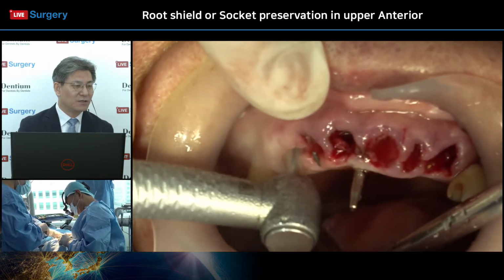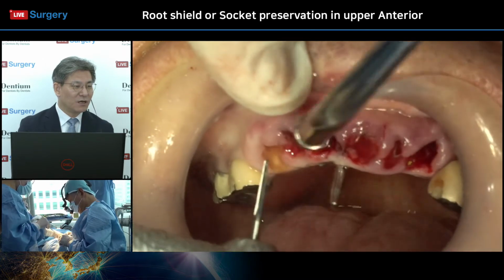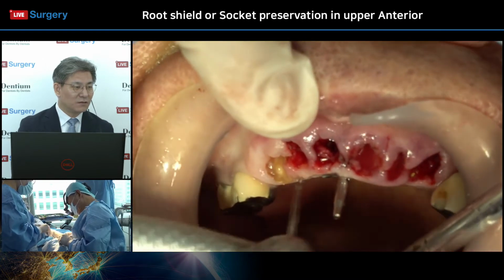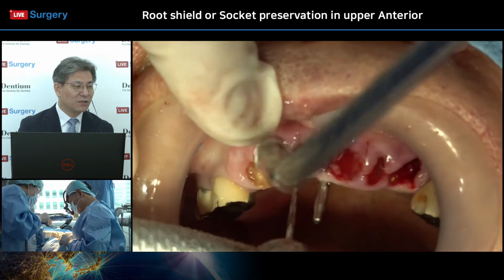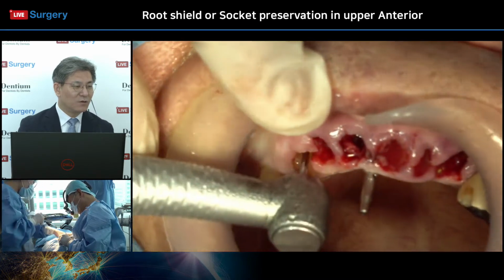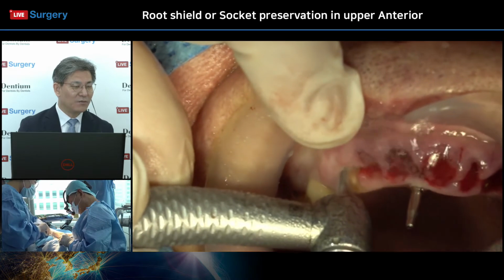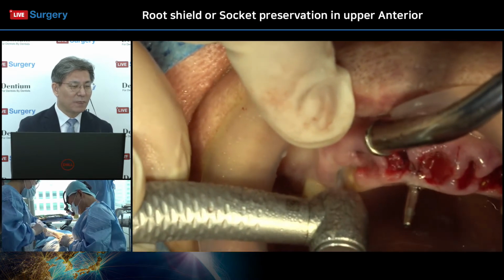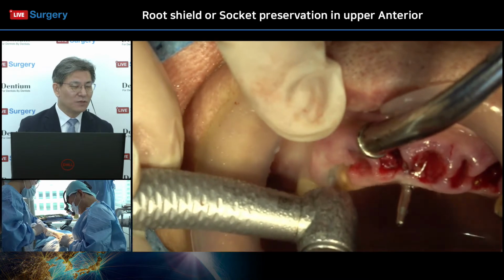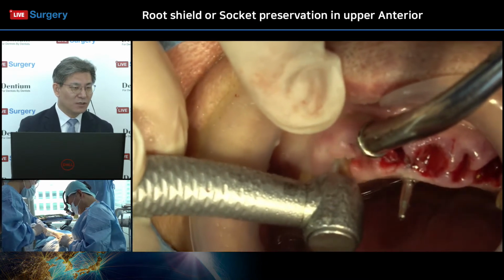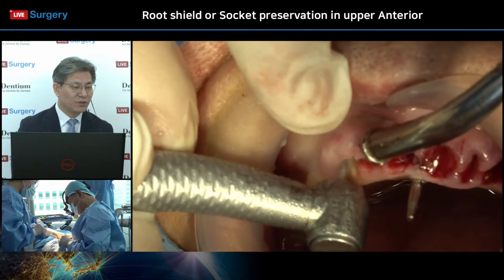Okay, so this Fisher bar, they couldn't touch the socket wall or any other areas, to minimize the damage. So it only moves into the tooth root.